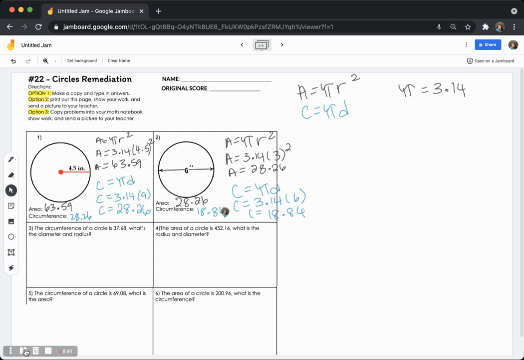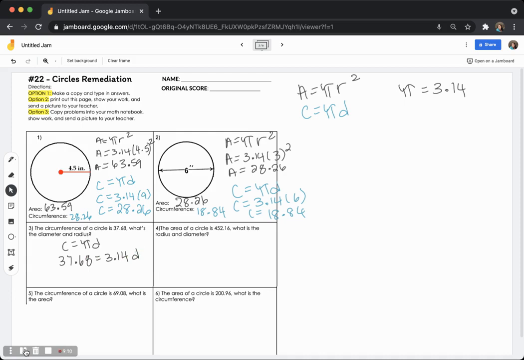Right, number 3, the circumference of a circle is 37.68. What's the diameter and the radius? All right, so I know that circumference is equal to pi times diameter. It says the circumference is 37.68. Pi is 3.14, and I'm solving for the diameter.